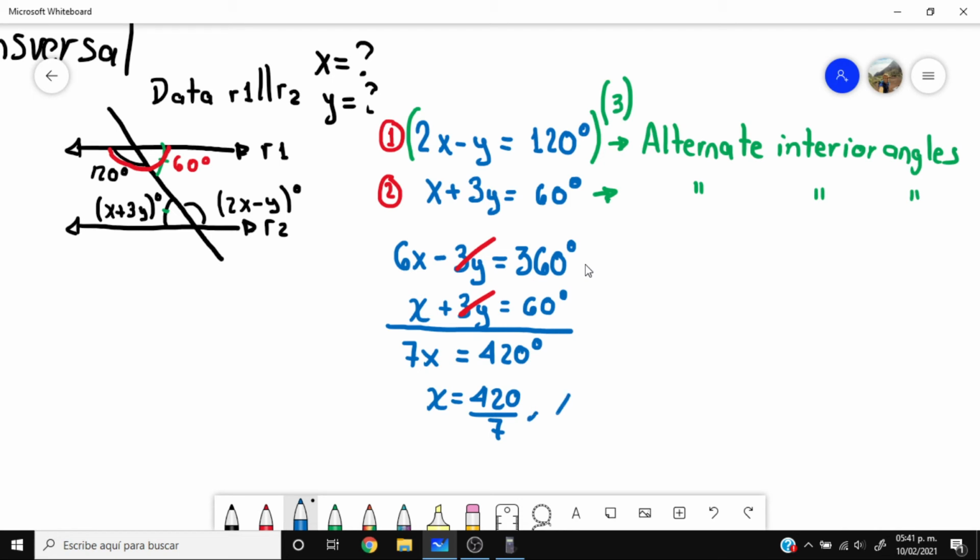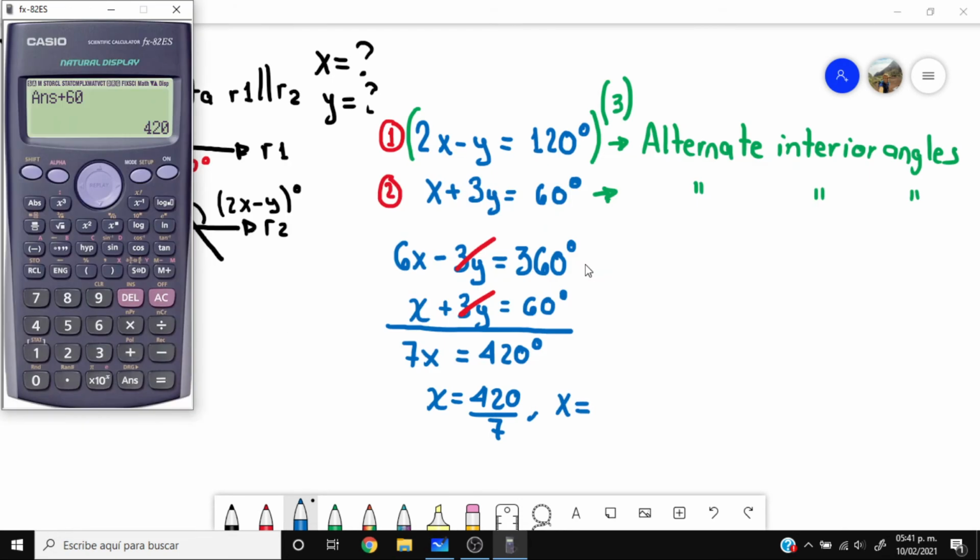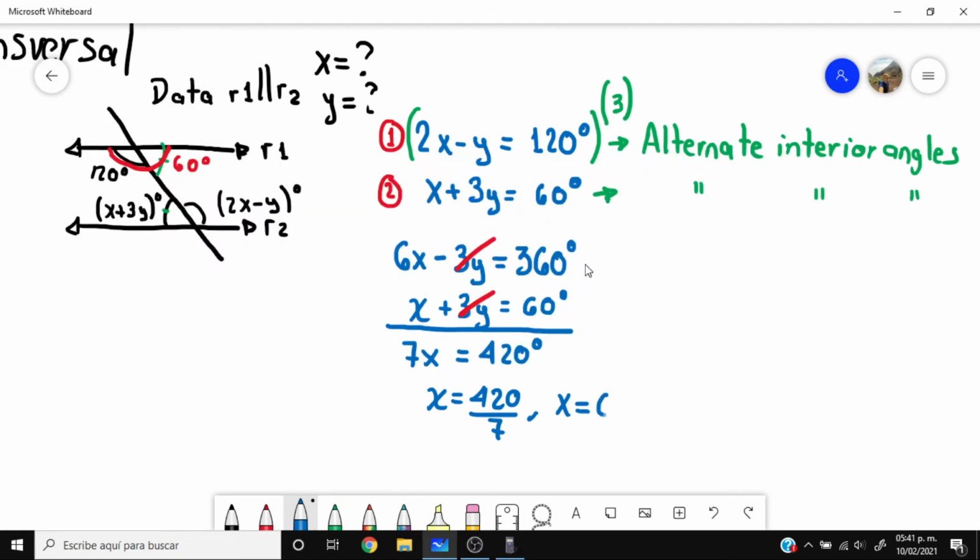So x equals, how much is that over 7? That is 60. Okay, and I'm going to circle that answer. That is the value of x. How can I find the value of y? Really easy. I'm just going to take that value of x and I'm going to substitute it in any of those two equations that I have.